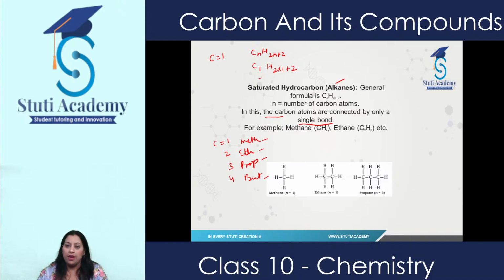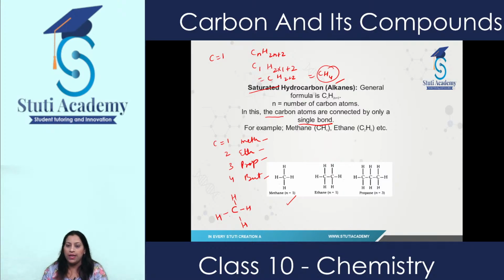Now solve this and we'll get CH4, which is the formula of methane. And how can we represent this methane? C with H, H, H, H. As you can see, only single bonds are present.